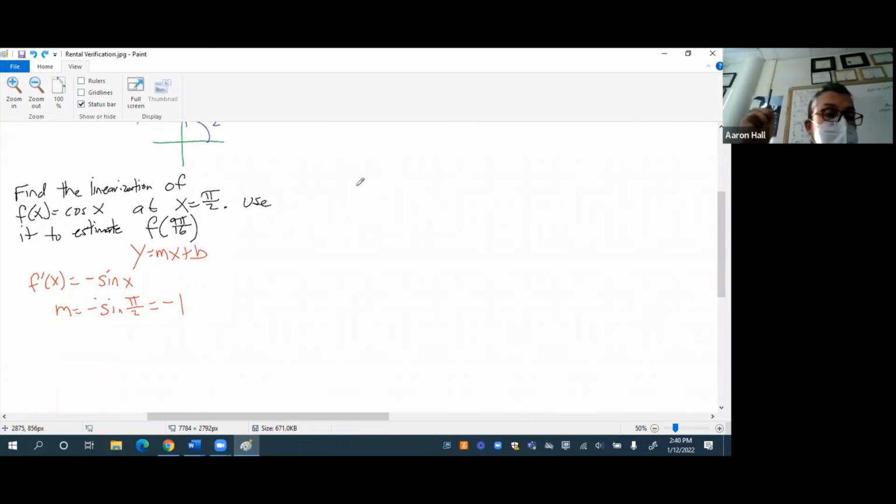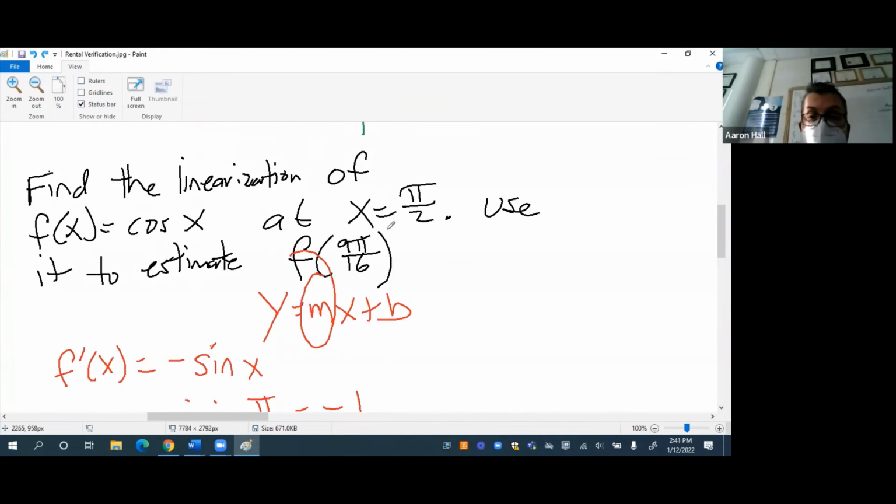Well, I have to find a y value too, right? If I know m and I know x, if I can find y, I can solve for b. So cosine of pi halves. Yeah, let's just plug this into the original, and that will tell us our corresponding y value. So let's plug that in to find y.